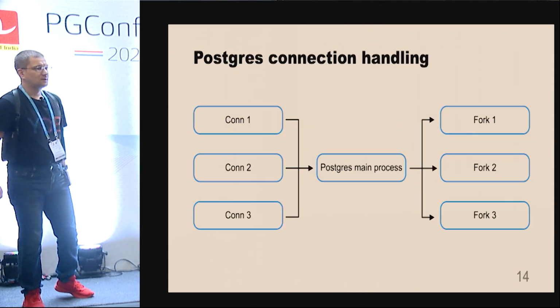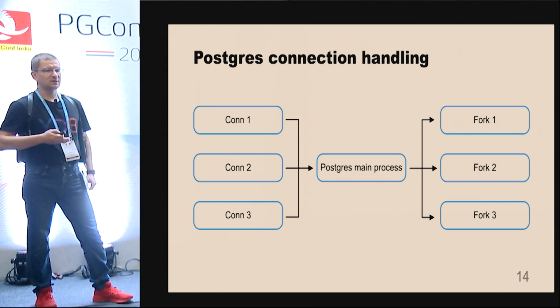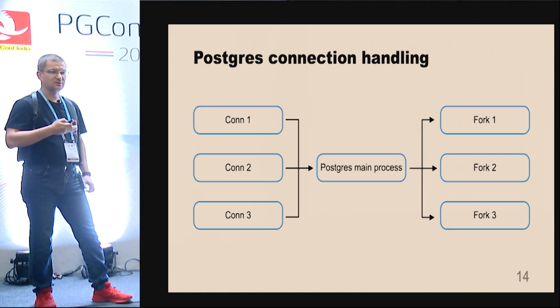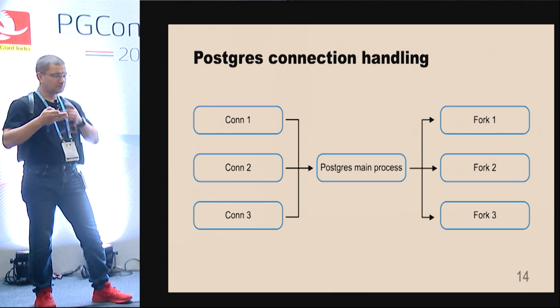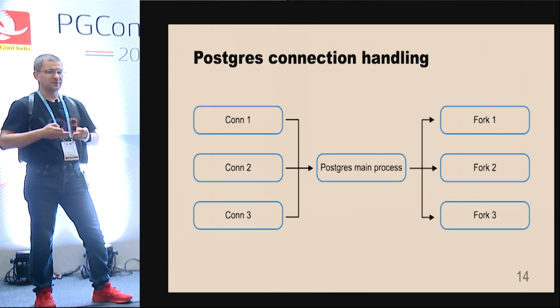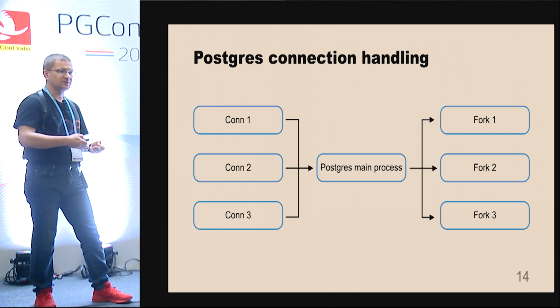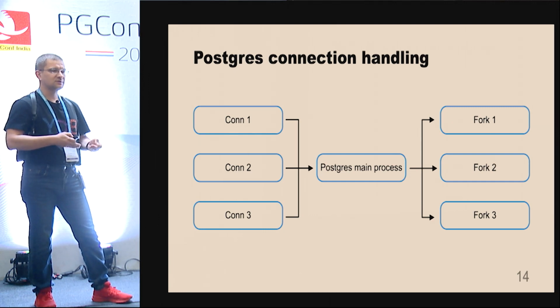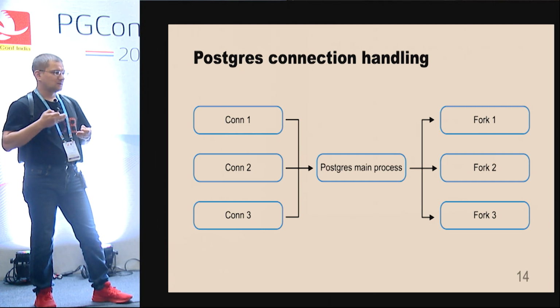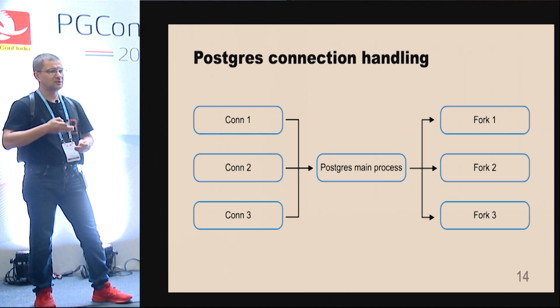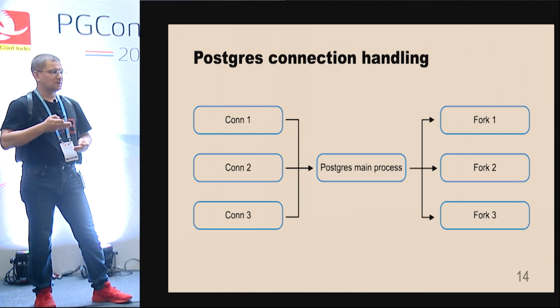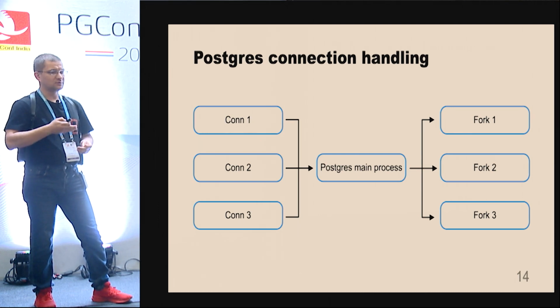Let's start. At the first point, we need to accept a TCP connection from a client library by PGWire. Native Postgres forks its own process for every TCP connection, and it takes a lot of resources and very much limits how many connections one server can handle simultaneously.